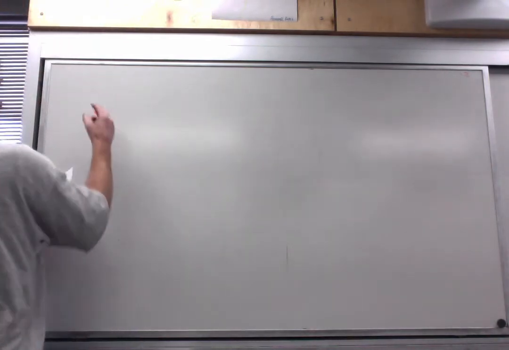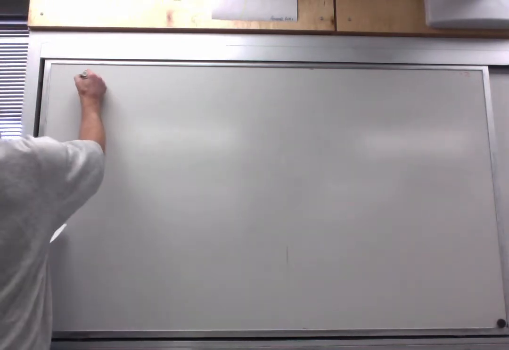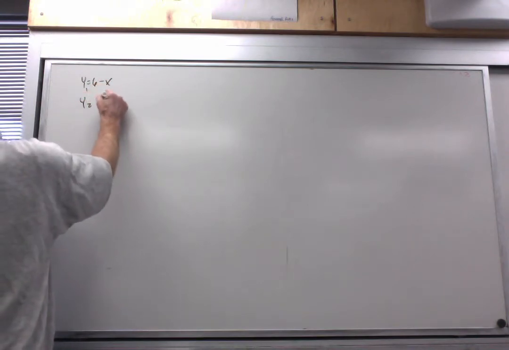Let's say we had y1 equals 6 minus x, and y2 is x squared.